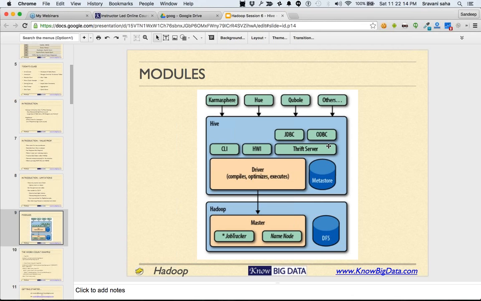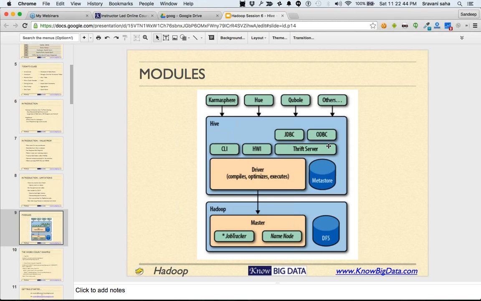All right, so you have the Thrift server, and you have the Hive web interface. The Hive web interface is what you use to talk to Hive and get the work done from the web, using Hue, Qubole, Cloudera and so on. Then you have the CLI, the command line interface for Hive. That's the one we'll be using. On top of the Thrift server, you will have various kinds of JDBC and ODBC drivers talking to it.